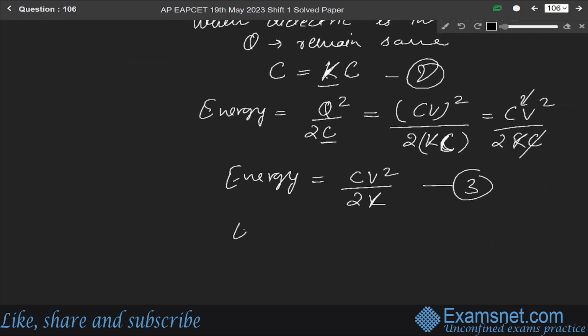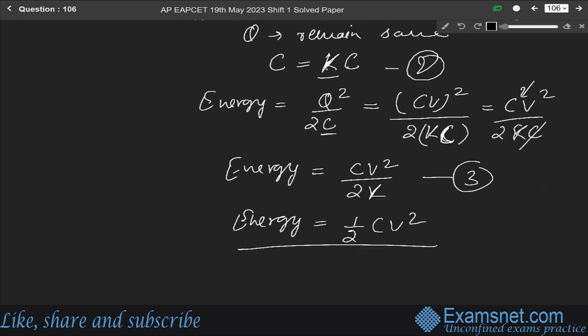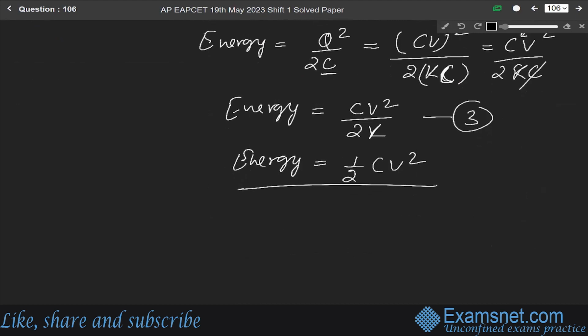So the energy is half CV square. We do the same for before and after the dielectric insertion, where C became KC. The energy will be half, in place of C we write K into C, into V square, so it becomes half K CV square.